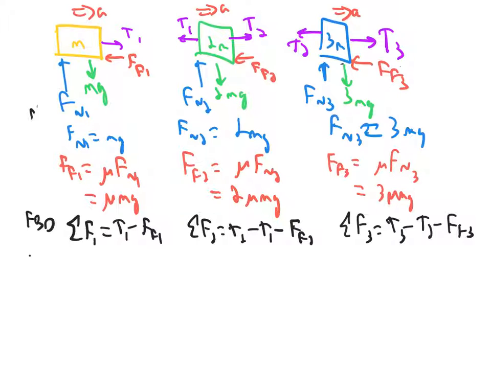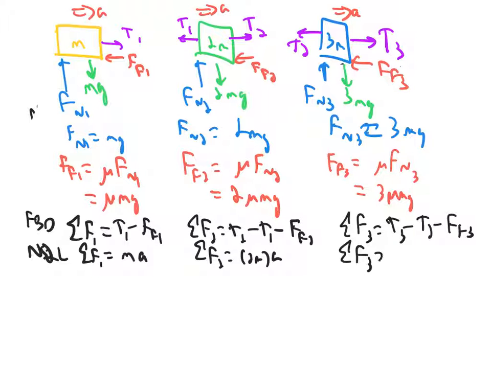From Newton's second law, the sum of the forces on 1 is ma, on 2 is 2m times a, and on 3 is 3m times a. That's getting a little messy, but not too bad.